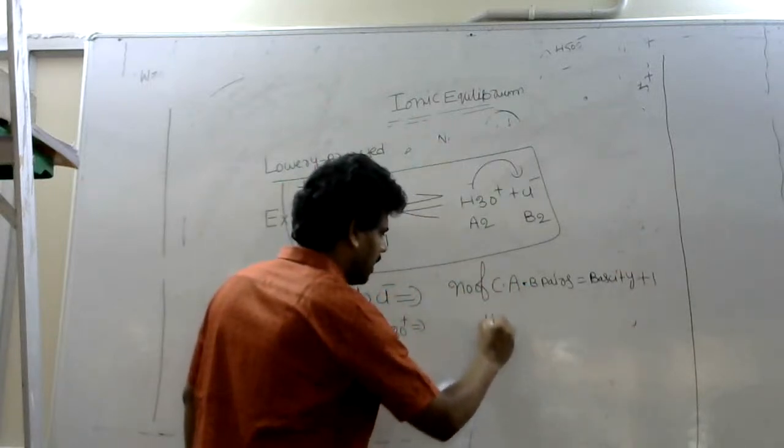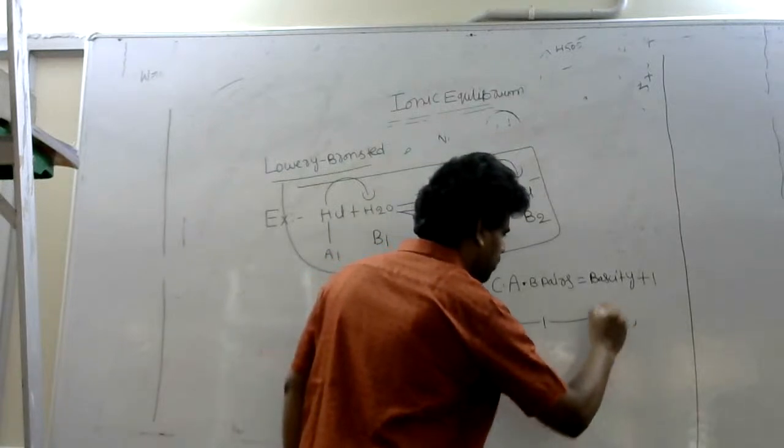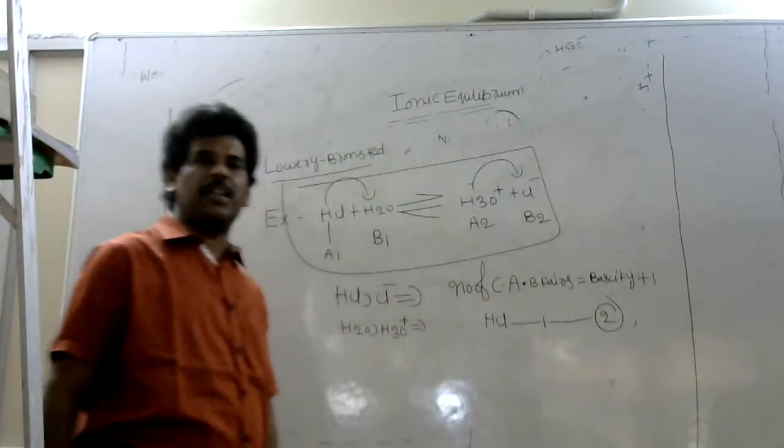For example, HCl basicity 1, it is possible to form 2 conjugate acid base pairs.